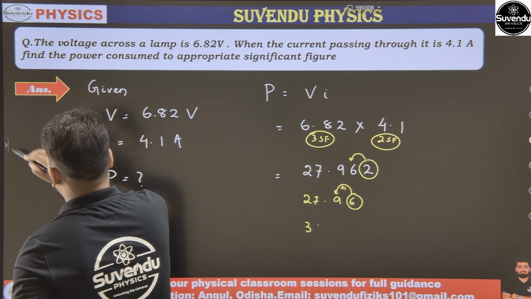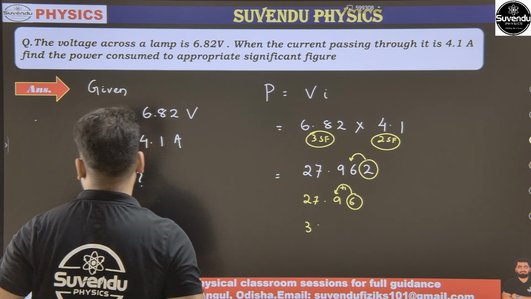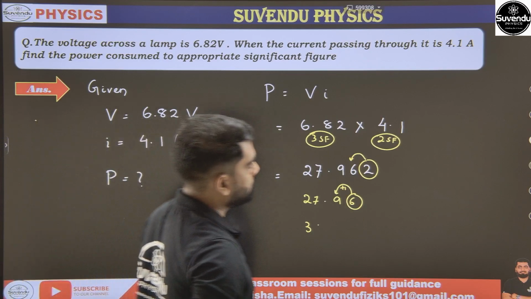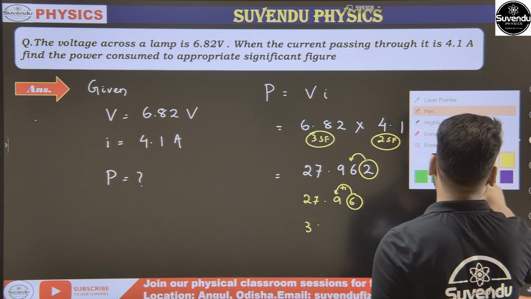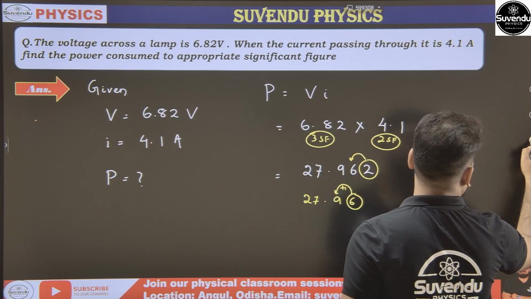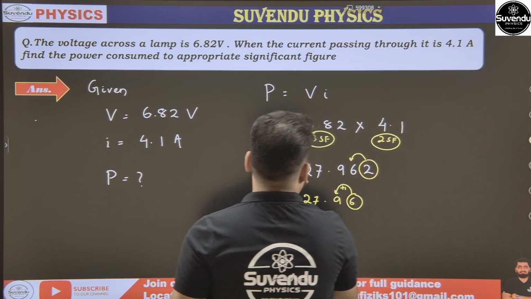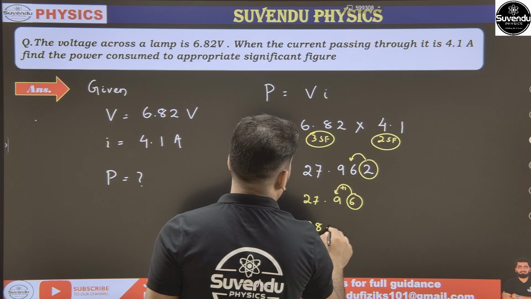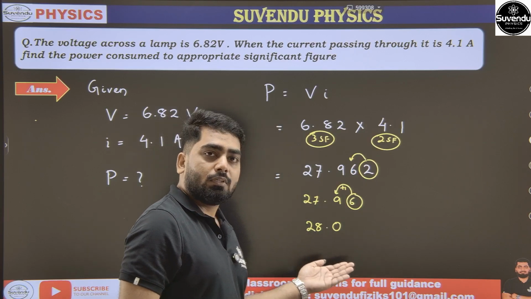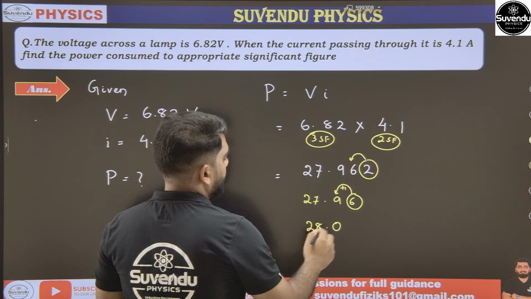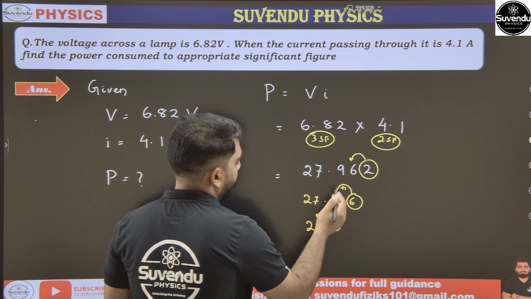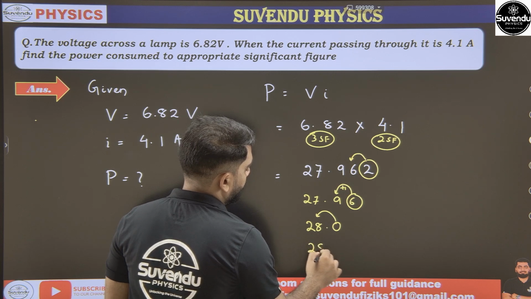तो दिस इज 28.0. तो ऐसे लिखने से 3 सिग्निफिकेंट फिगर्स आ रहा है, दैट मींस 0 को हमको ड्रॉप करना चाहिए. 0 इज लेस देन 5, तो प्रीसीडिंग डिजिट रिमेंस अनचेंज्ड, तो 28 वाट.